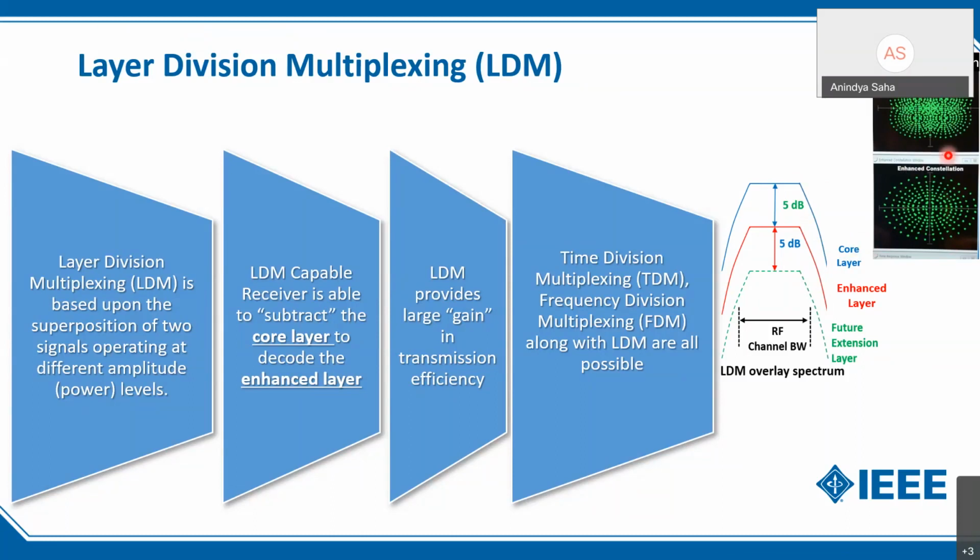So that is how an LDM constellation looks. Now, this is one of the ways in which multiplexing is done, but the standard does not prohibit us from using the conventional methods of multiplexing like TDM and FDM. So essentially, it gives you a lot of flexibility to use any kind of multiplexing for providing its services.